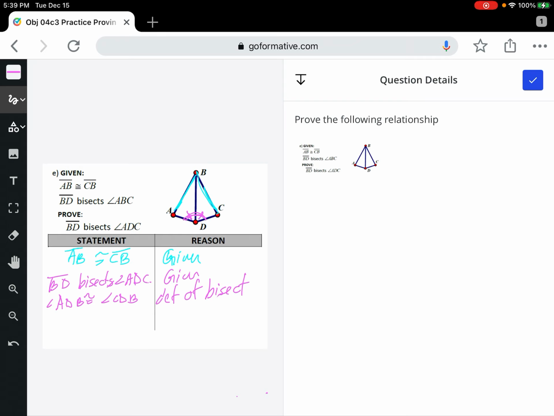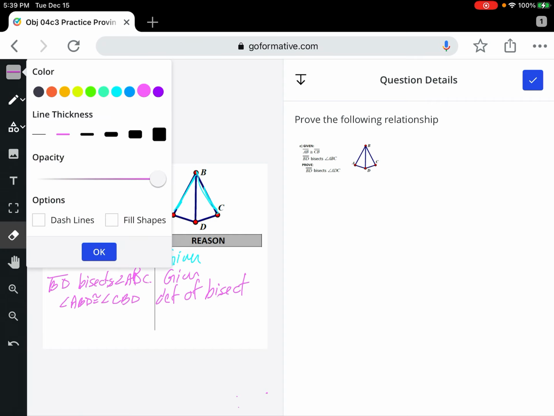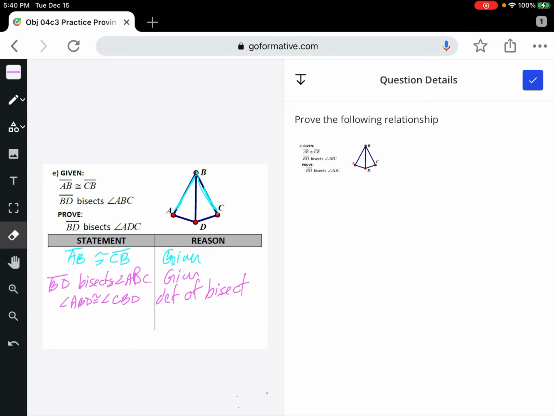Now I have, oh geez Louise, I wrote ADC, it should be ABC. So again, I apologize for that one. I know that angle ABD must be congruent to angle CBD. So I have this mismarked and I apologize for that. It's actually this angle, I just read it wrong really quickly.